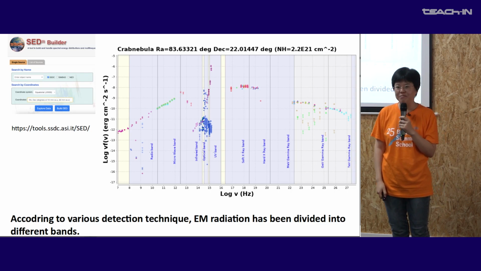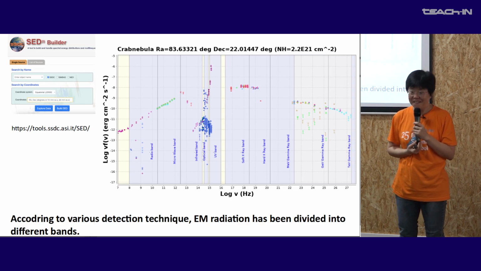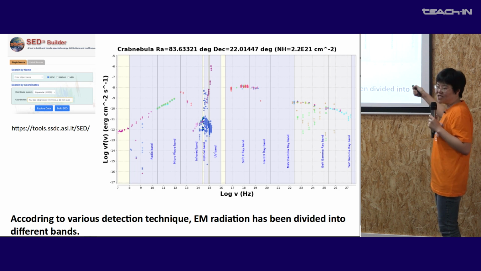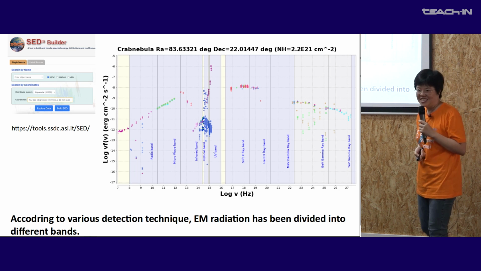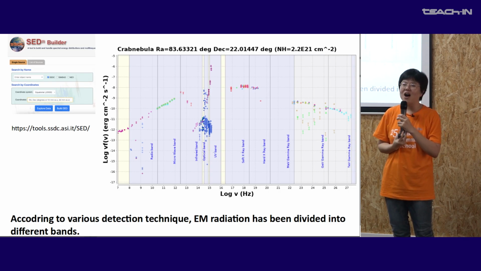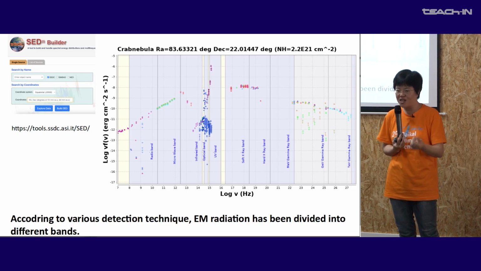Which ingredient is missing? MeV, right, super. So we don't have signals from there. I'll come back to that later, but you can think about why it's very hard to detect MeV photons.